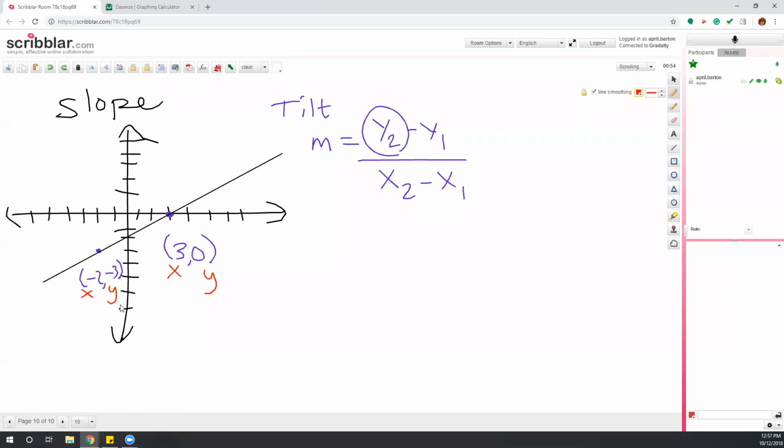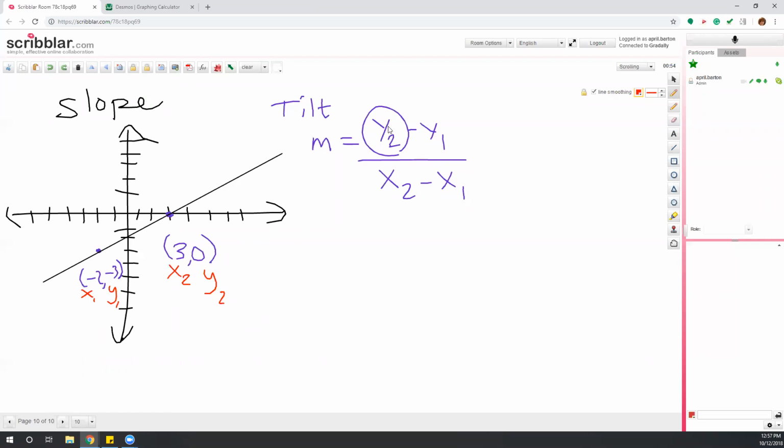So how do we know which x we're talking about or which y we're talking about? That's where we put the 1 or the 2 on. This is the first x. That's why we put a 1. This is the second x value. That's why we put a 2. This is the first y value. This is the second y value.